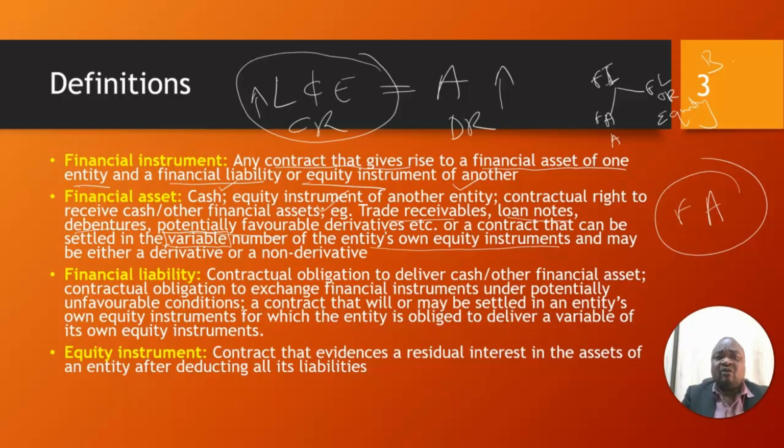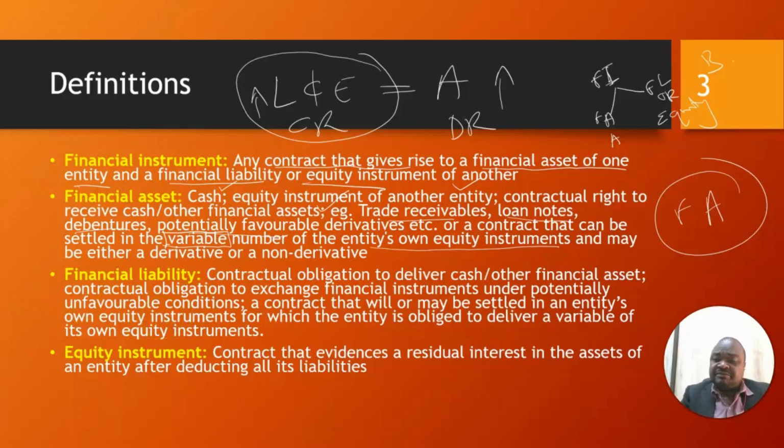If they are of a fixed quantity, then they cease to be under financial instruments. They will be treated by a different standard, which we covered in week number 4, where we talked of share-based payments. Is that clear? Good.